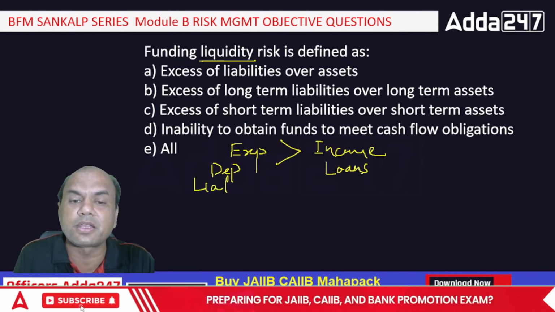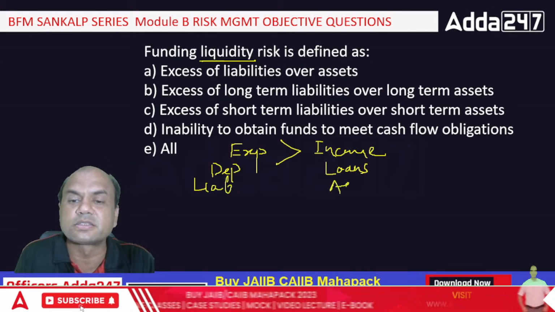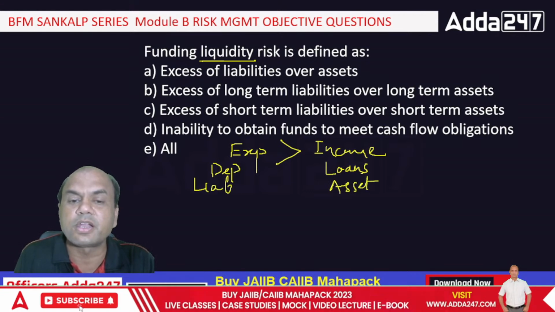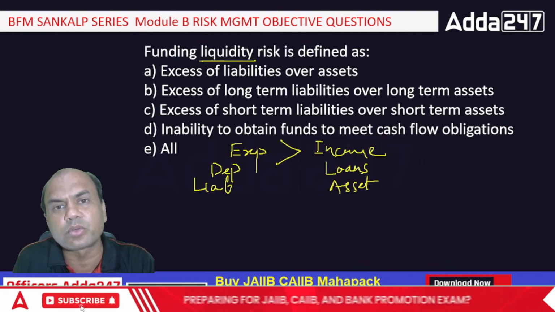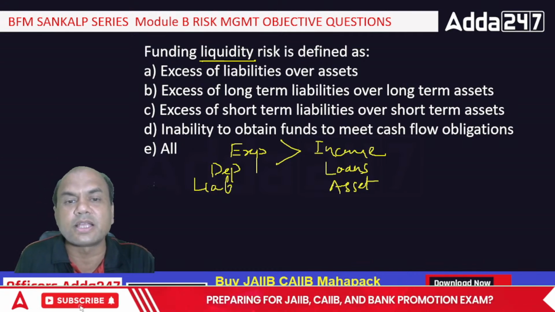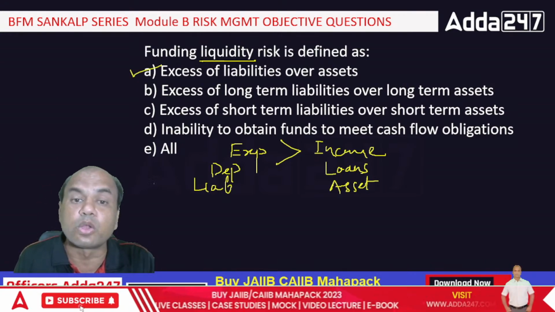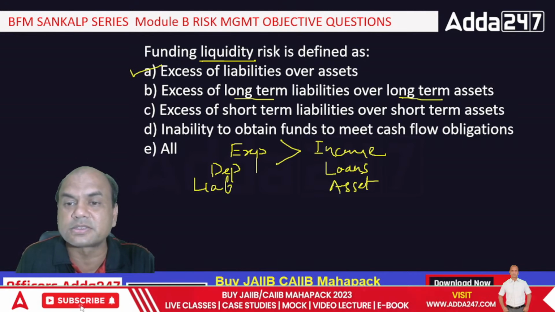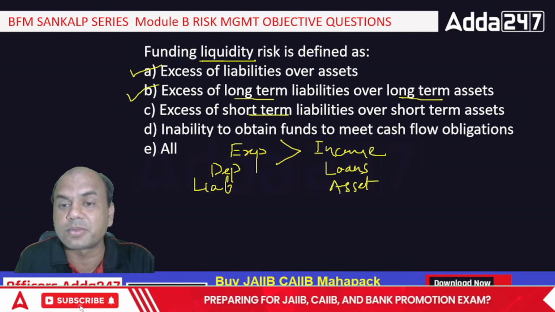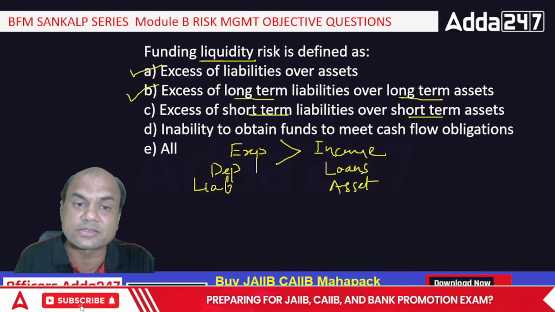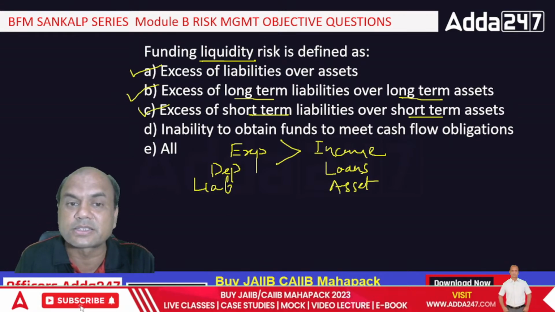This is liability more than the assets, right? If my liabilities are more than my assets, then I won't have money to repay. So liabilities over assets, correct. Long-term liabilities over long-term assets, that is also correct. Short-term liabilities over short-term assets, that is also correct. Excess. Remember this word excess.